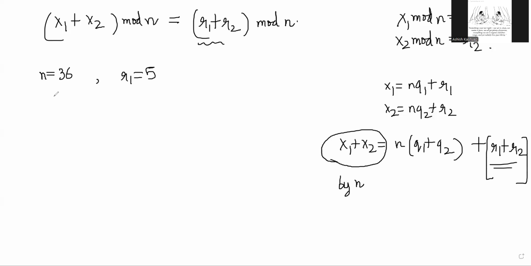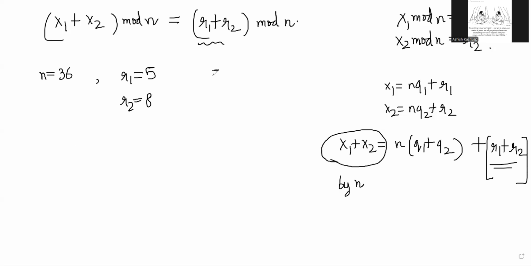So basically some number which gives remainder 5 when divided by 36, right? And similarly, you can have R2 is equal to 8, another number which gives remainder 8 when divided by 36, right?